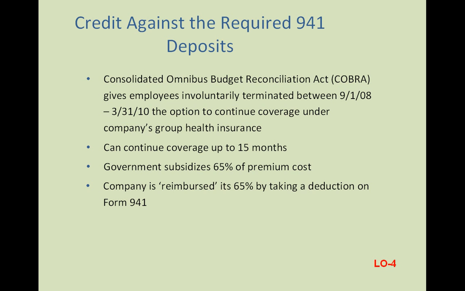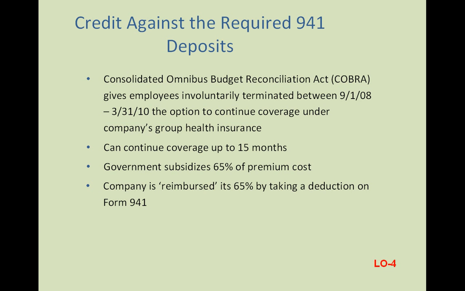between September 2008 and first quarter 2010, this worked for that period of time only. If you are reimbursing those under the law, you get to take credit for it. You get to reduce the required payments of these FICA and federal income taxes. In other words, the federal government's stepping in to try and help those folks out that were laid off to maintain their health insurance.